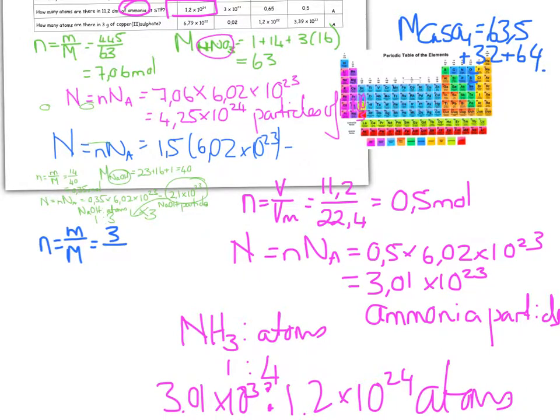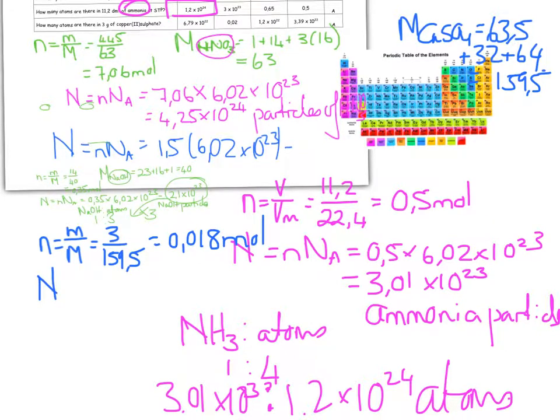And I land up with 159,5. Plug it in here, 3 divided by 159,5, and I land up with 0,018 moles.